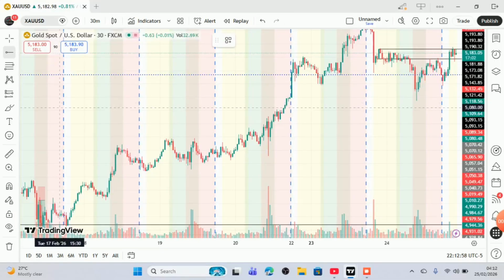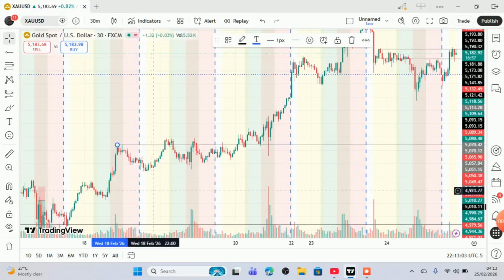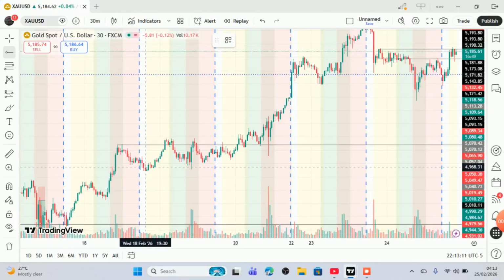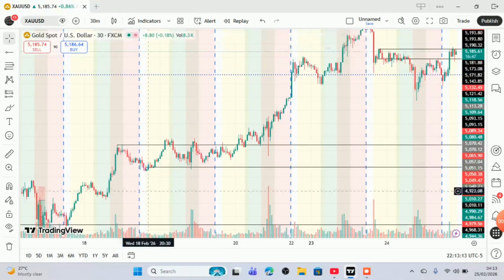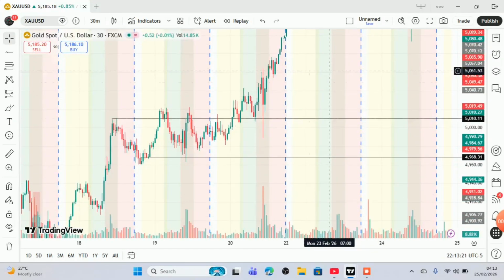Upon breaking this one, then your lower low becomes the last candle before this bullish movement. This last green candle before the bullish movement becomes your order block.